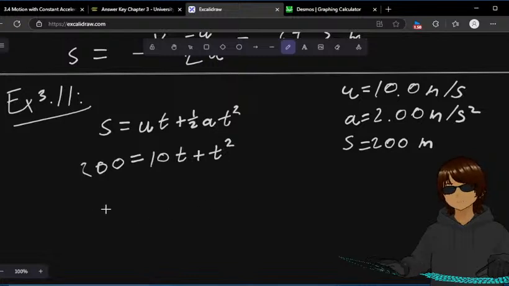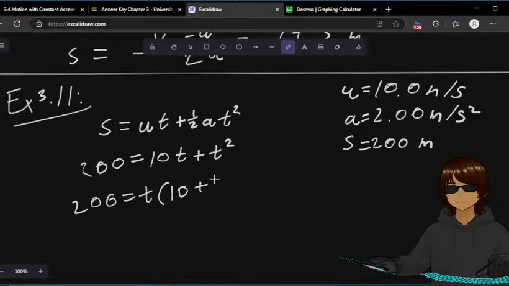To use the quadratic formula, can't it be solved... 10 plus t.